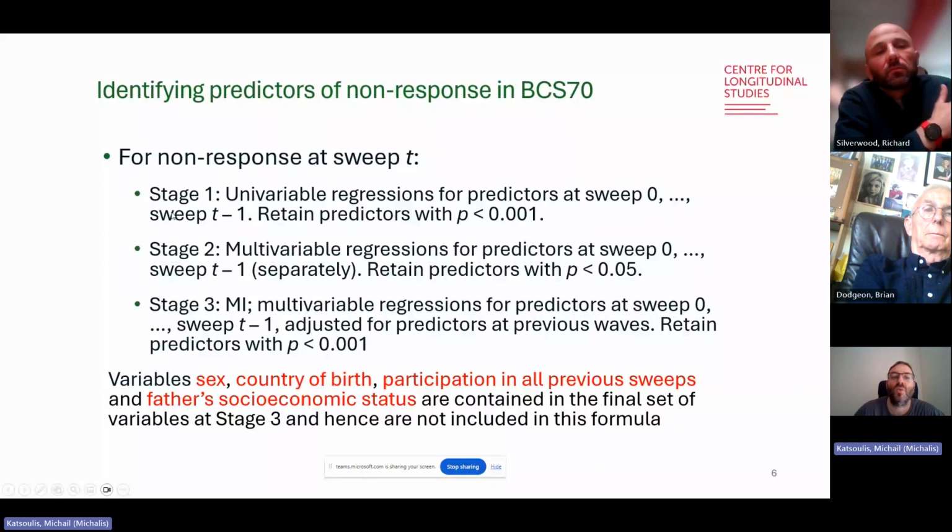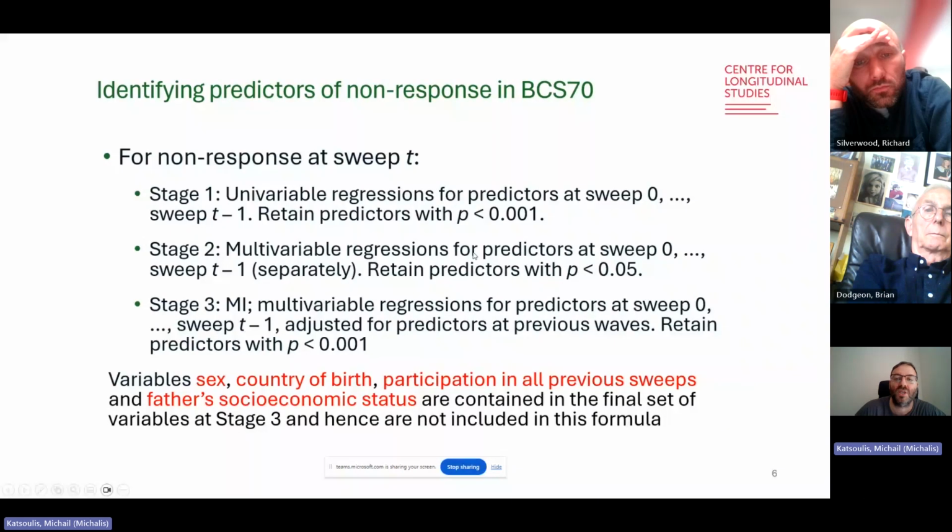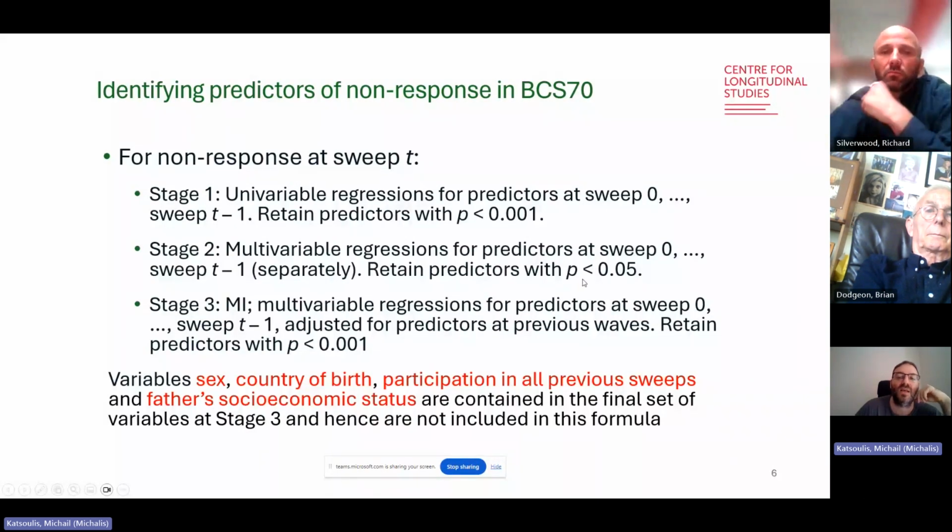In the first stage we ran a univariate Poisson regression for predictors at sweep 1 up to T-1. For stage 2, we used multivariable regressions for predictors from sweep 1 up to T-1 separately, and we retained predictors with p-value less than 0.05.